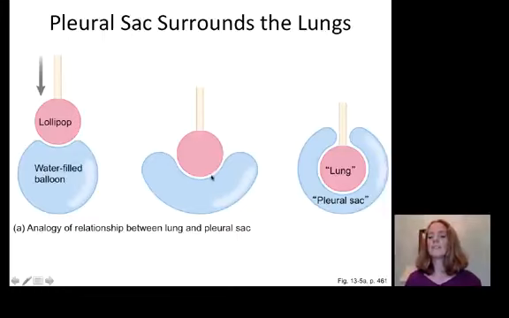As the lungs develop, they push into and get surrounded by this membrane, but the membrane the entire time stays closed. Eventually, as the lungs reach their final development, they are open to the atmosphere, but the pleural sac, this double-layered serous membrane with fluid inside, is never open to the environment.